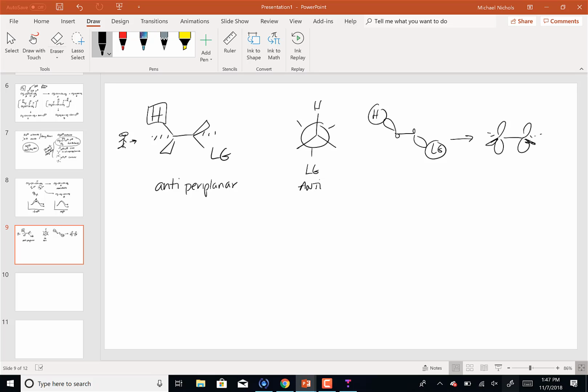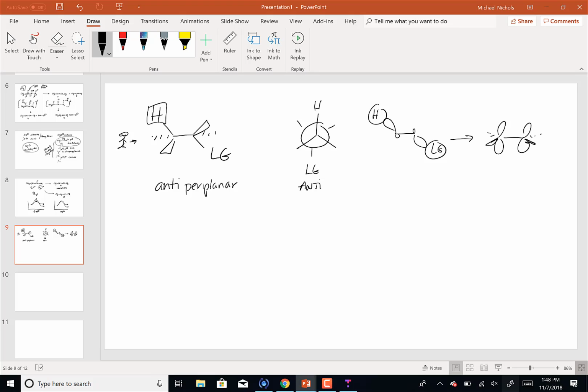So what happens as the hydrogen, so let's see, they're in this orientation. As the hydrogen is being removed, and as the leaving group is leaving, those two orbitals swing up together to become parallel to each other. And then you've got two p orbitals parallel to each other to make the pi bond.